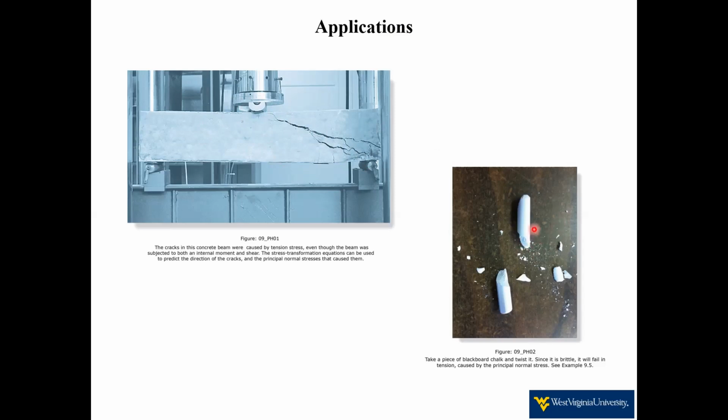If you were to take this chalk and twist it, so apply a torque, therefore inducing torsional shear stress on our cross-section, our typical cut through our cross-section like we did in Chapter 5, the tensile normal stress that occurs at an angle within the cross-section is the one that's going to cause this brittle material to fail. So we'll talk about how that looks, and that's basically the topic of the rest of this Chapter 9.